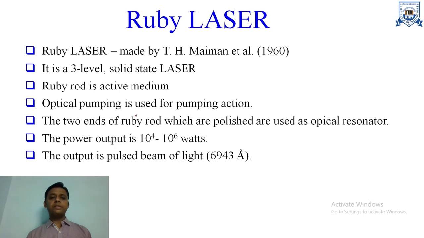Optical pumping is used for the pumping action. The two ends of the ruby rod, which are polished, are used as the optical resonator. The power output is 10 to the power 4 to 10 to the power 6 watts. The output is in the form of a pulsed beam of light, and the wavelength is 6943 angstrom.